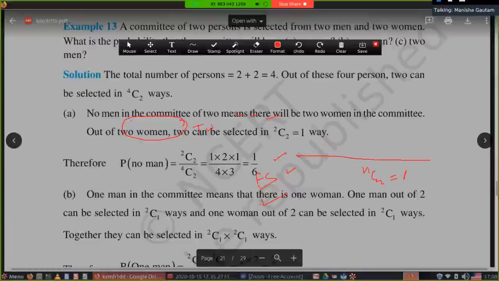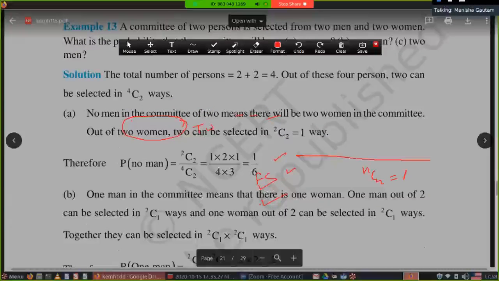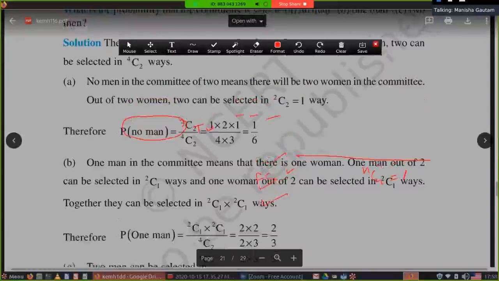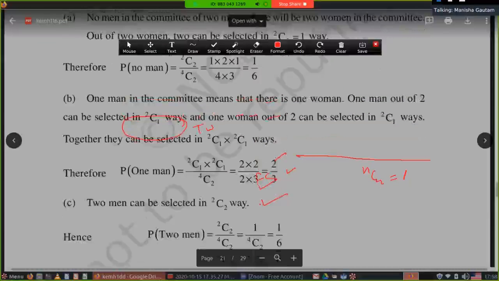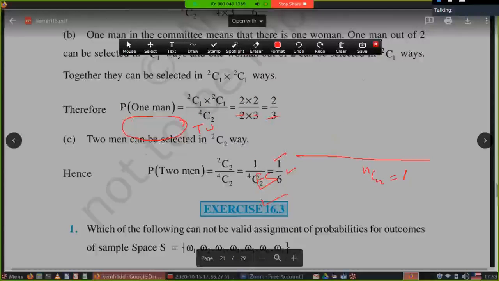Now the second part, that is 1 man. 1 man will be there, no man in the first case. 1 man means 1 from the men and 1 from the women. It means out of 2 men, you are selecting 1 man. Out of 2 women, you are selecting 1 woman. This is a favorable case. And total cases we already have, 4C2.